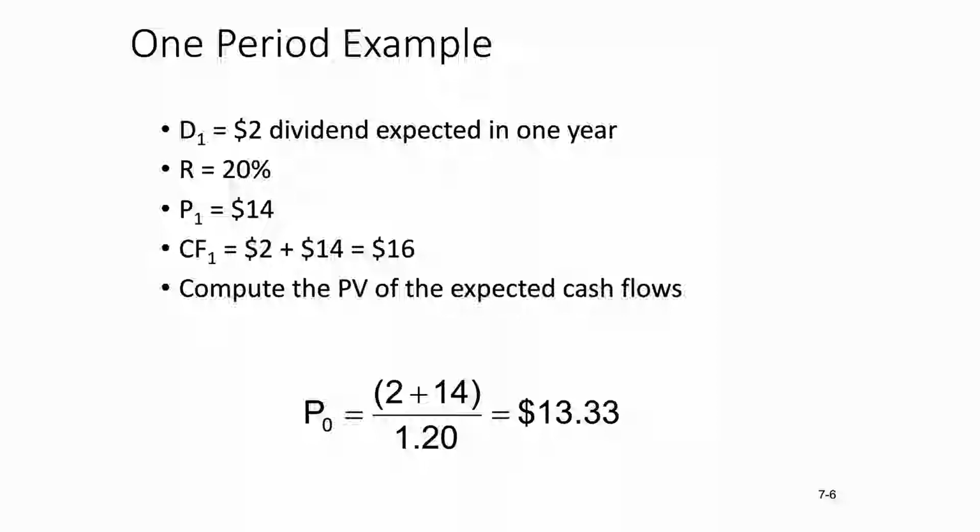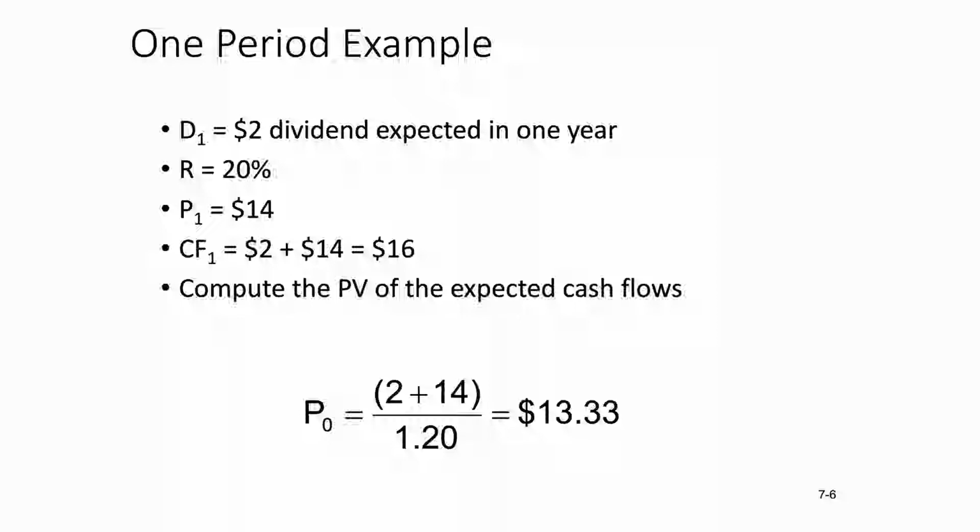Now let's look at this model in mathematical formula here. We're using D1. 1 indicates next dividend. That dividend will be paid in 1 year, the end of next year. D1 is $2. Your required rate of return is 20%. And the price of that stock a year from now is $14.